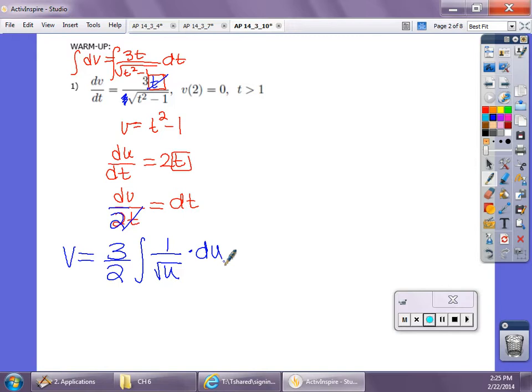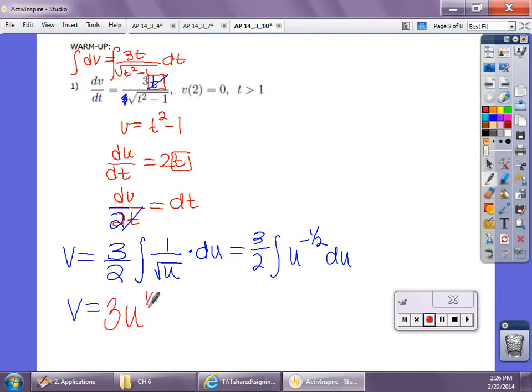Alright, so v is equal to, let's actually rewrite this too. So 3 halves, integral of u to the negative 1/2 du. So that add 1 would be positive 1/2, so therefore in front here I would end up multiplying by 2, because dividing by 1/2 is multiplying by 2.